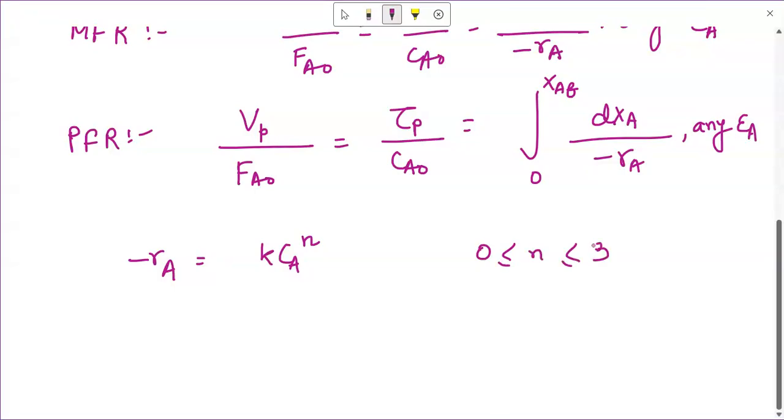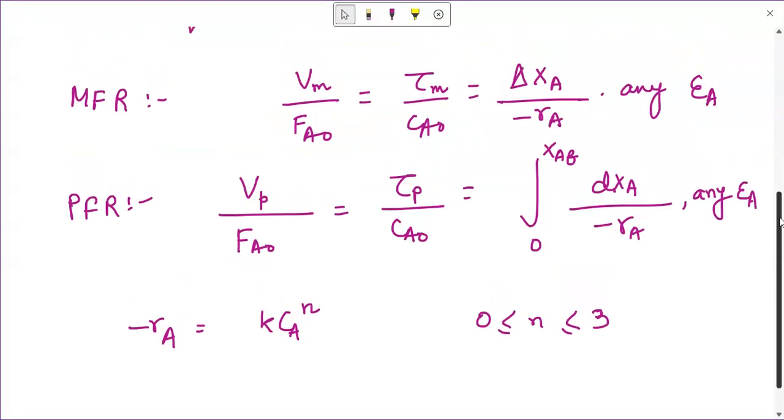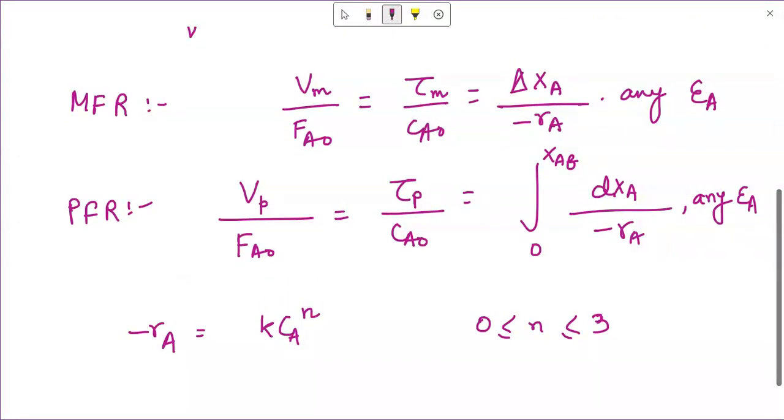It can be some fractional order also, that is fine. Now how do we go about this? Taking cue from the performance expressions that we have already written, I am going to substitute the -Ra expression into these two equations and get the final form.